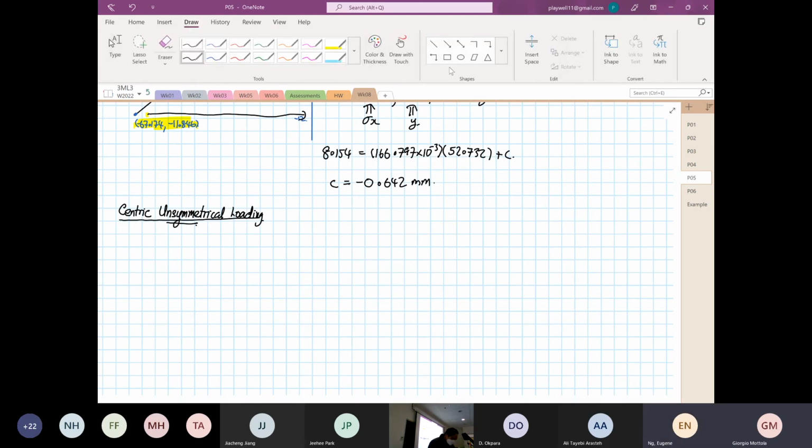So I'm going to draw a cross-sectional view of a structure. And I'm going to sketch our transformation.